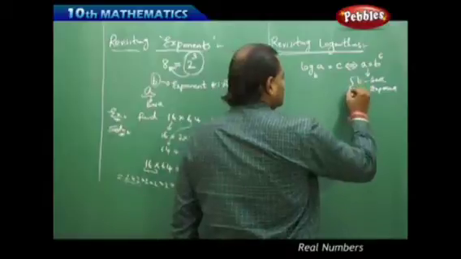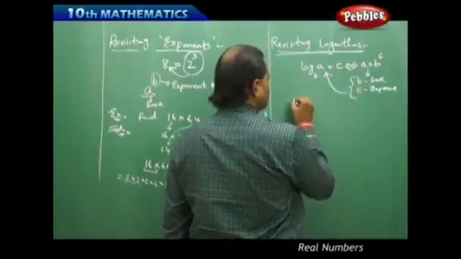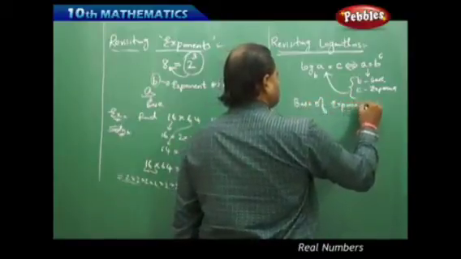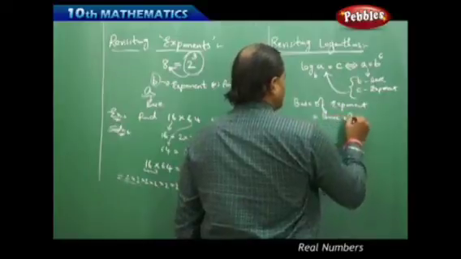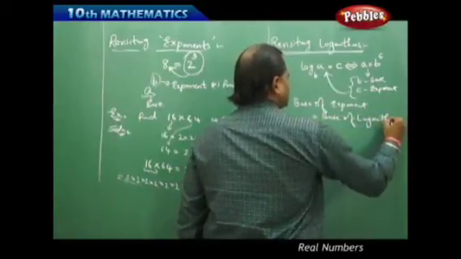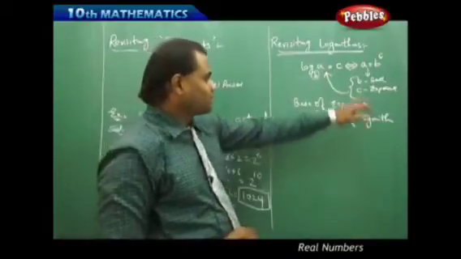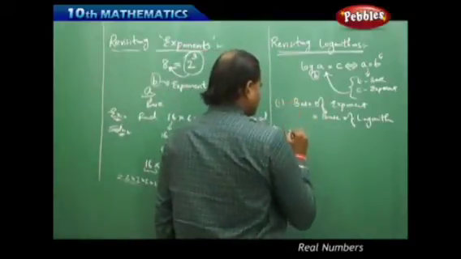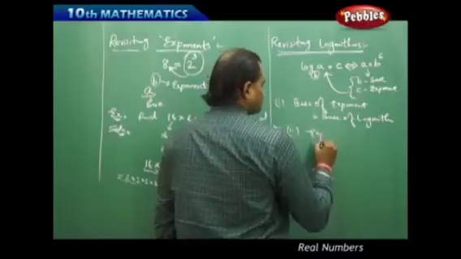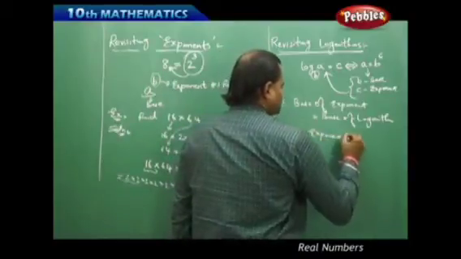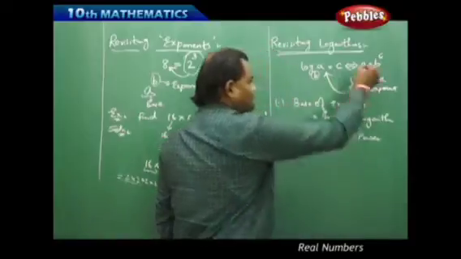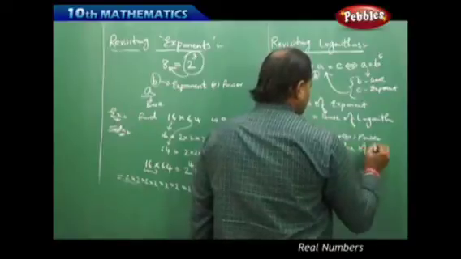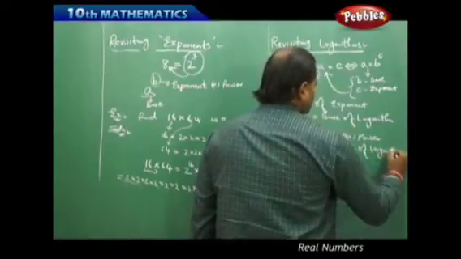So when I connect these two things onto the left hand side, I understand that the base of the exponent is nothing but the base of the logarithm out here. So the base of the exponent will also be the base of the logarithm, and secondly, the exponent or power of this exponential equation will be nothing but the value of the logarithm.